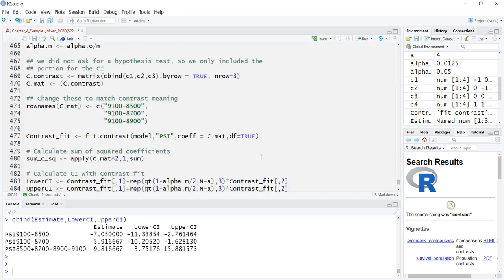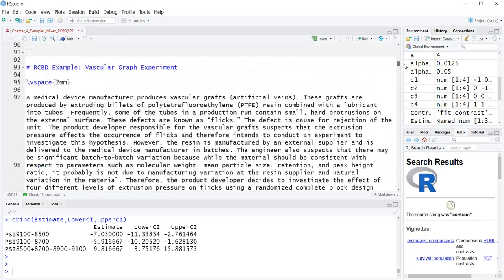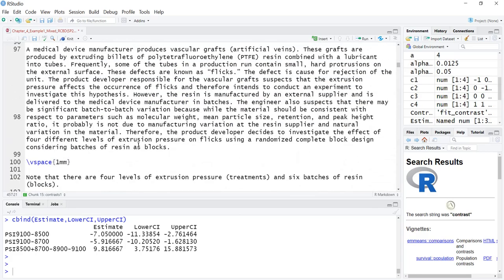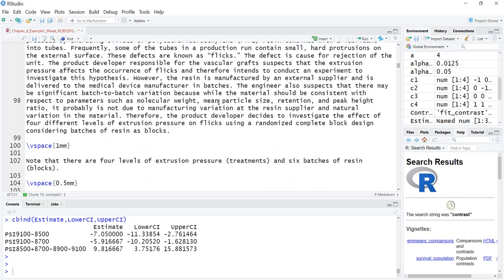All right, so that's it for this video. So if you're doing a project, of course, you'd have to add the intro and you'd have to add the conclusion. I've already really written an introduction here for you. Let's see, this is just a description, but what we'd want to do is say, what are we trying to figure out? The engineer suspects that this may be the case, and so on.